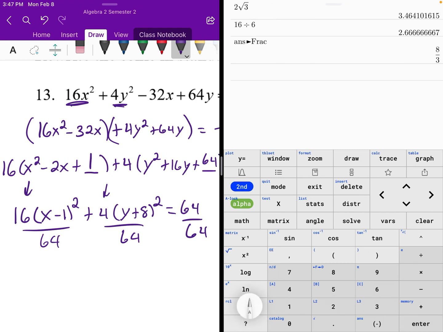That'll change it to a fraction. You get 1/4.